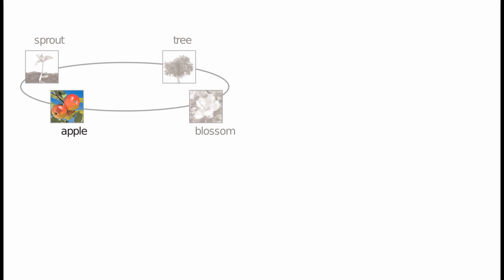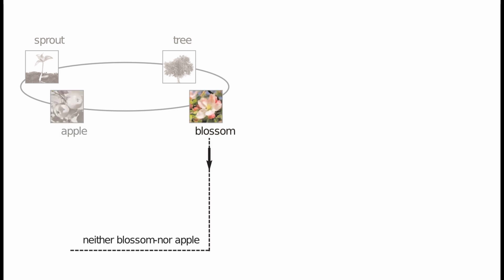So in this transition, there is a phase in which the blossom is no longer there and the apple is not there yet. This phase is characterized by a neither nor, neither blossom nor apple. I have shown this transition here as a horizontal dashed line with the label neither blossom nor apple. The apple then emerges from this transition phase.